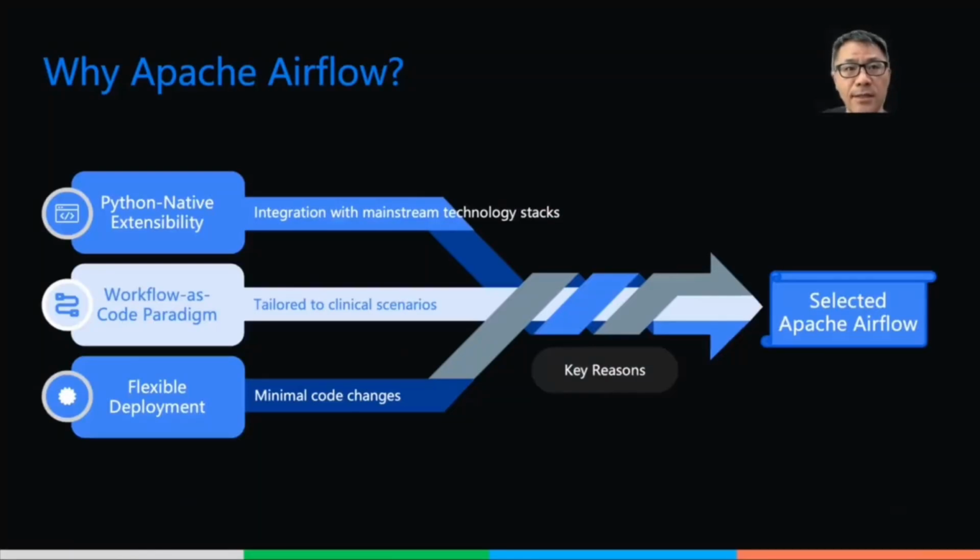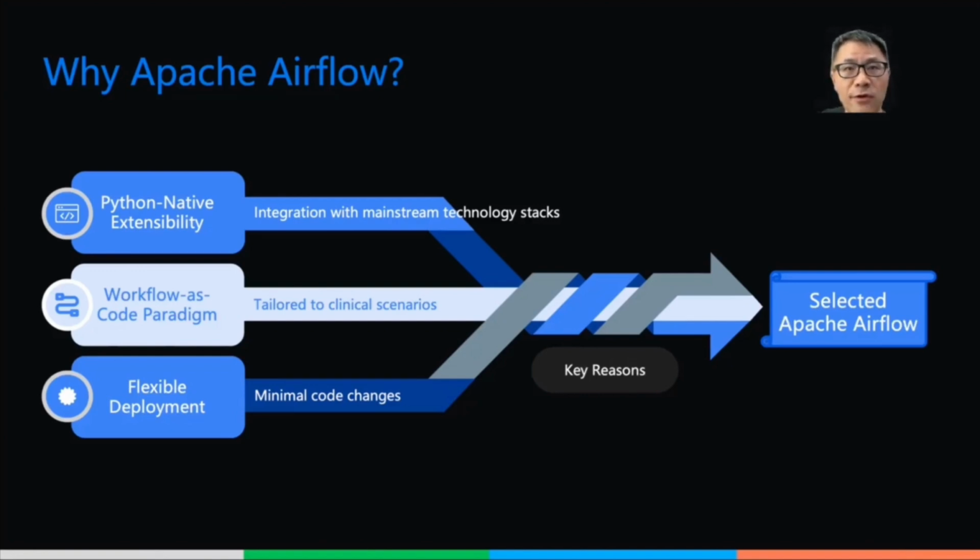In summary, why did we choose Airflow? First is the Python-native extensibility. Python is the default language we use for data. We use Python for data analytics and for machine learning tasks, and Airflow's native support for Python gives the team the ability to work with it. Second is the clinical fit.